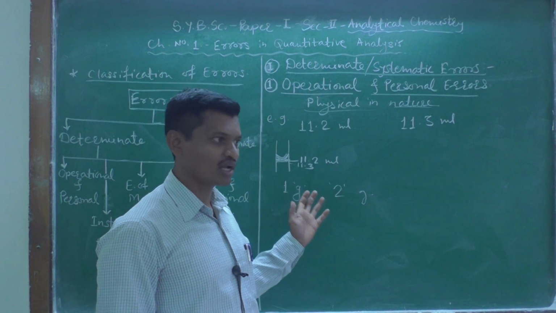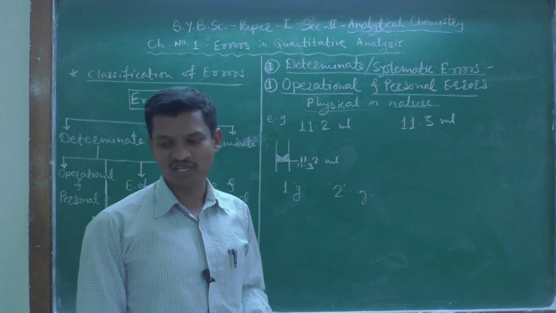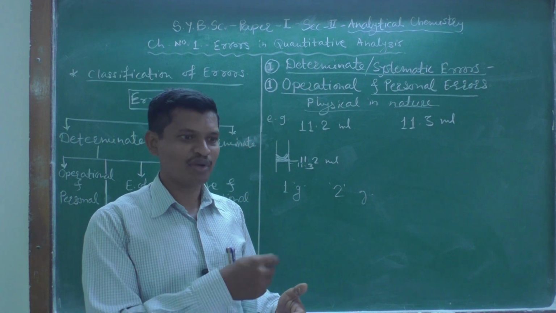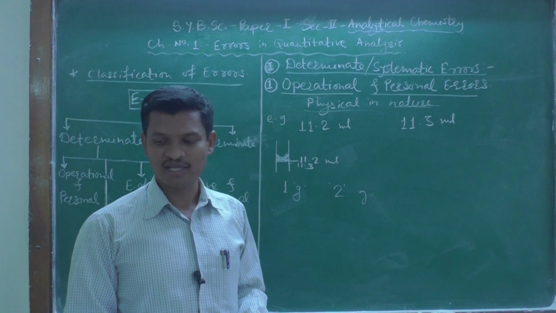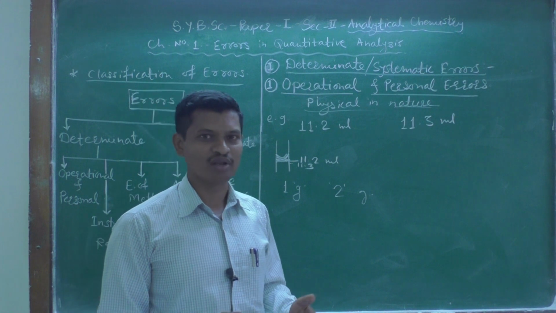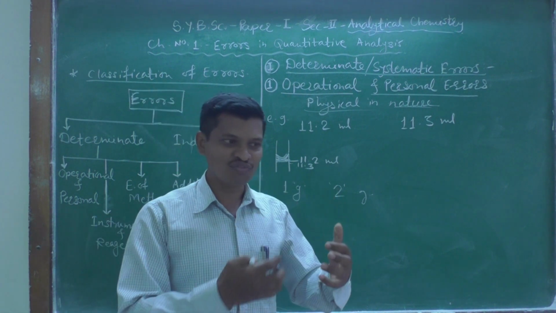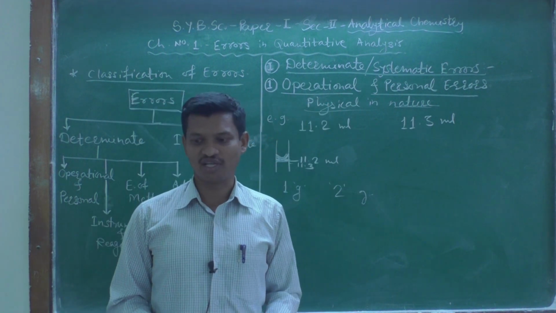Instead of writing 1 gram, if that person writes 2 grams, this is a personal error. Then sometimes mistakes happen while doing calculations. This is another example of personal errors. Then mechanical loss of material or sample in handling or different analytical techniques. So these are the different examples of operational and personal errors.